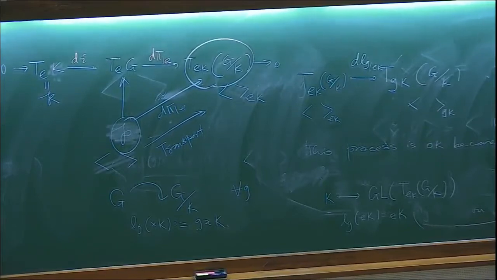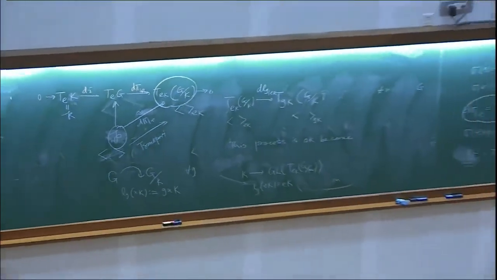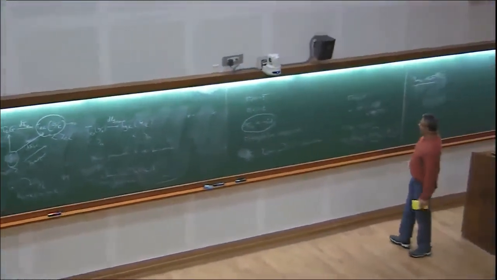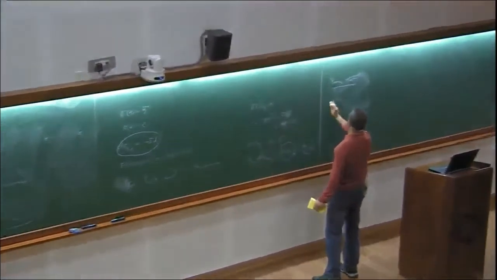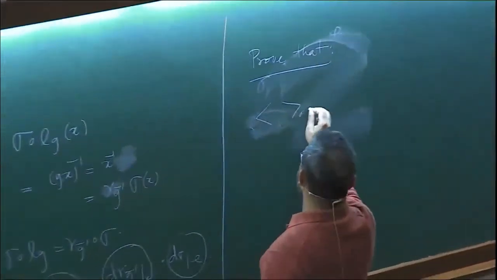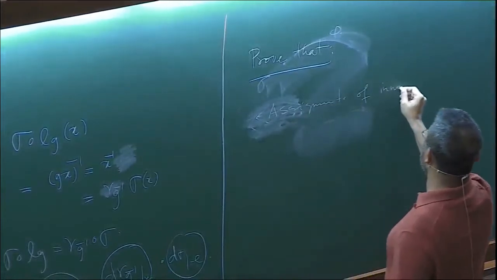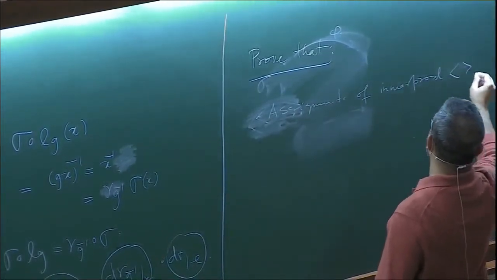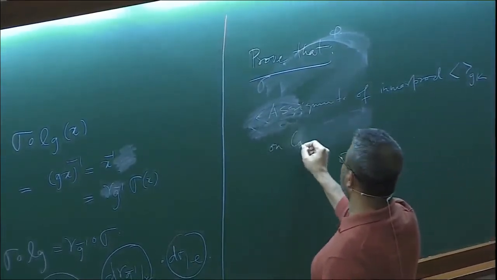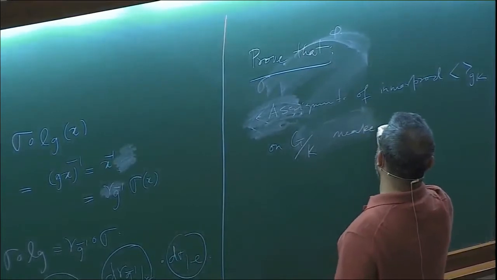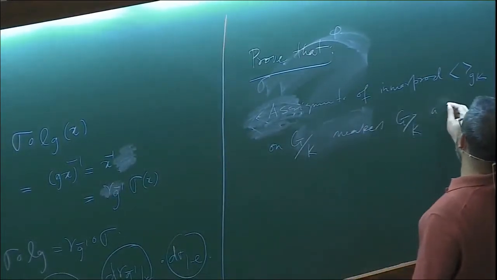You can take it as an exercise to prove that this assignment of an inner product on G mod K makes G mod K a Riemannian manifold.